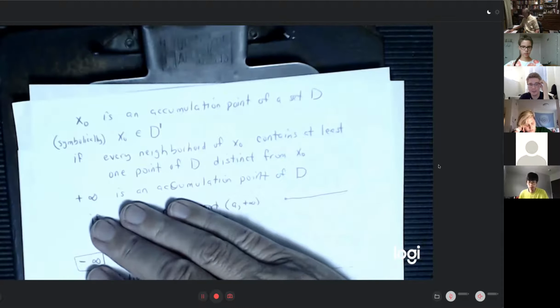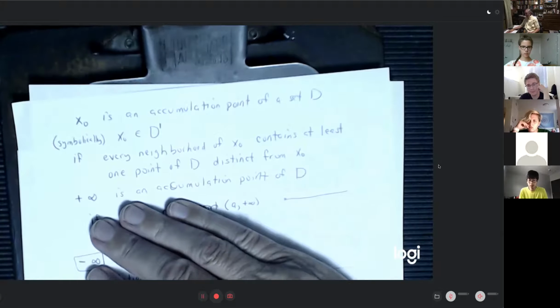But slow down, x naught doesn't move. What you want to say there is that we're allowing x naught to be infinite.